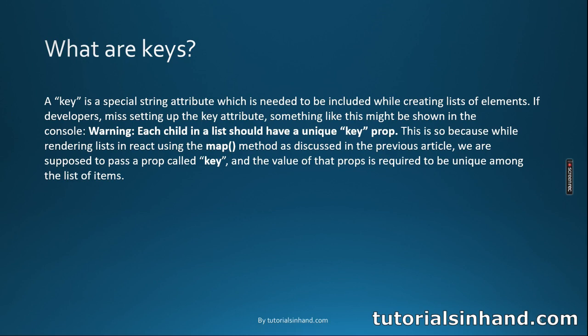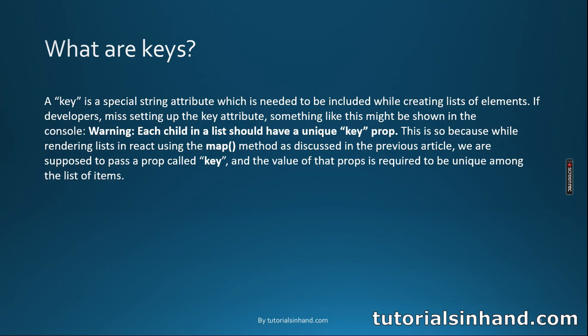This is so because while rendering list in React using the map method as discussed in the previous video, we are supposed to pass a prop called key, and the value of that prop is required to be unique among the list of items. Okay, so when you render over a list of items which you have received from your API to render a dynamic content on the UI, always when you repetitively call the child component, basically for example the card component, you have to pass this key attribute.